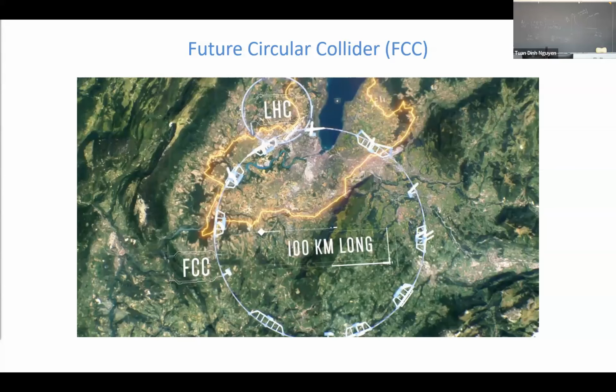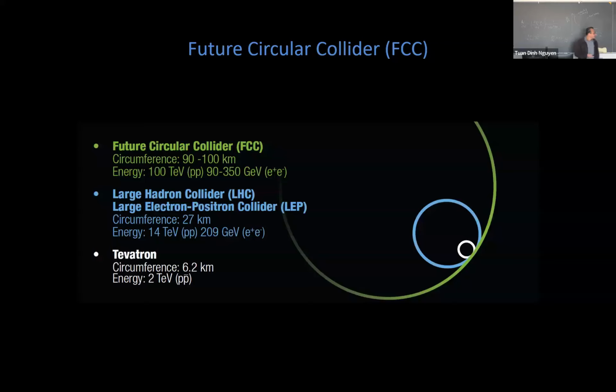It's called the Future Circular Collider. It would have a circumference of 90 to 100 kilometers and reach an energy of 100 TeV. In comparison, the LHC is only 27 kilometers and the Tevatron is only 6.